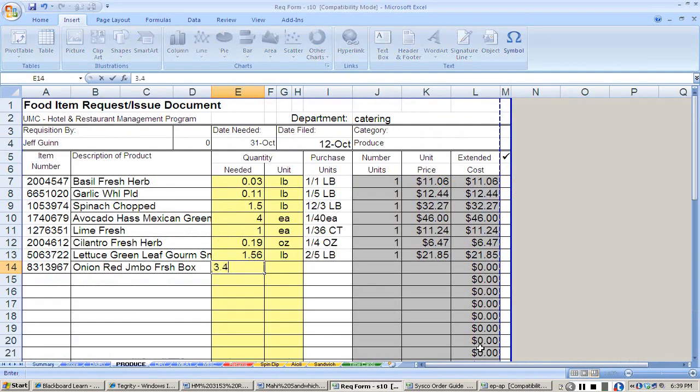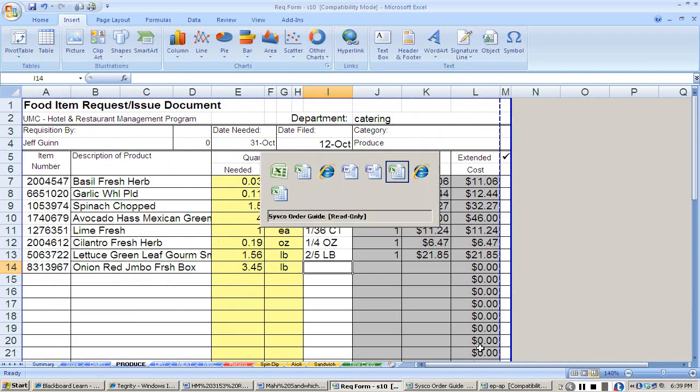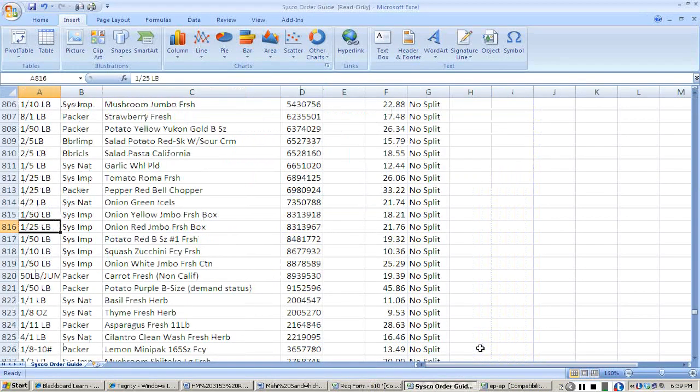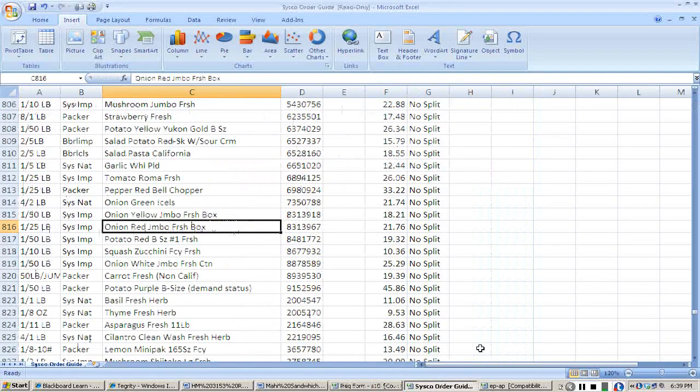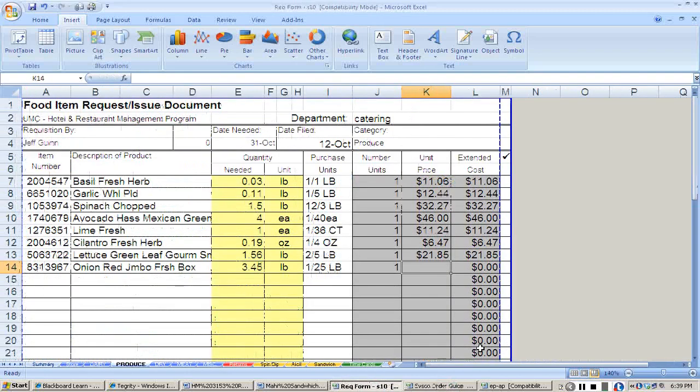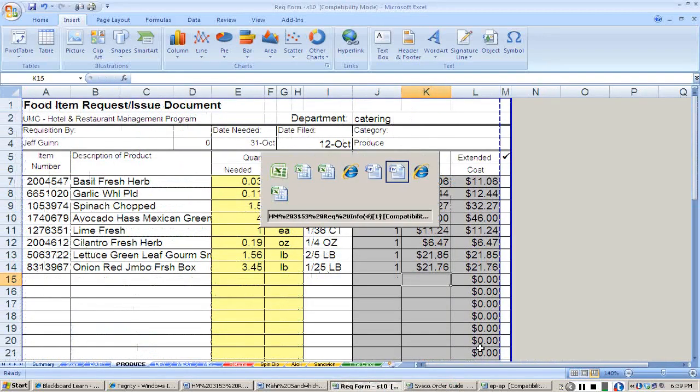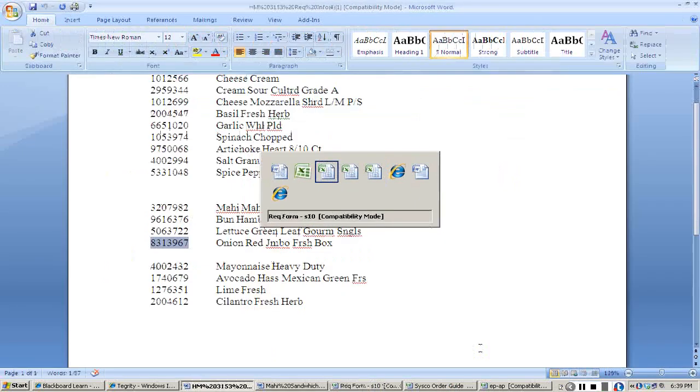So 3.45 pounds. The box comes with a 25-pound box. So I'm just going to buy one of those, and that box cost me $21.76. Back to the recipe. And that's all we got.